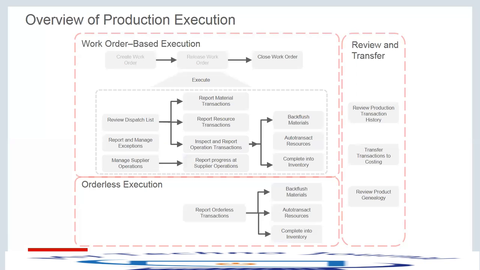Okay. Just follow the instructions, click on next, components will get consumed, click on next, resources will get charged, and the product is getting completed. So that is the way of creating or producing something without the use of a work order. Hence we call this work orderless execution.